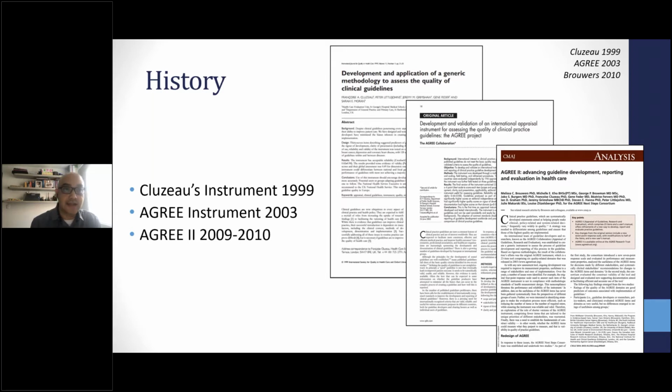In 2009 and 2010, the second version of the AGREE tool was published, improved in the number of items and in the way the items are scored. It was led by Melissa Florez at McMaster University and funded by the Canadian Institutes of Health Research. This is the AGREE 2 tool, which is the one currently available.